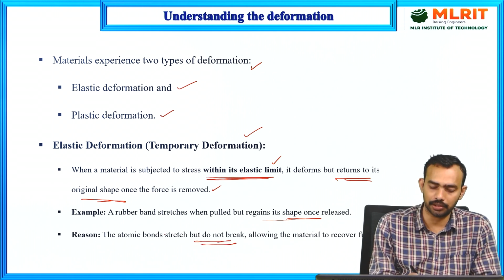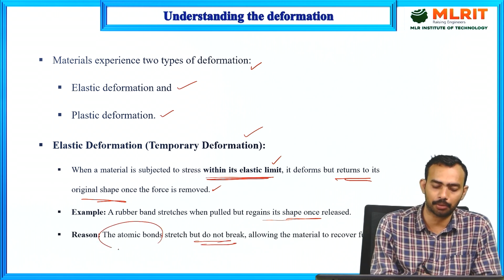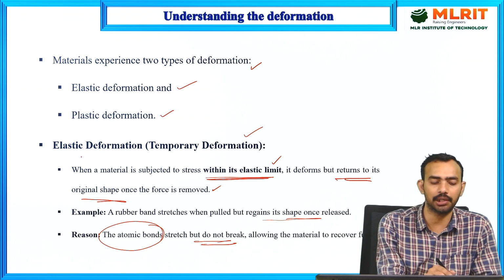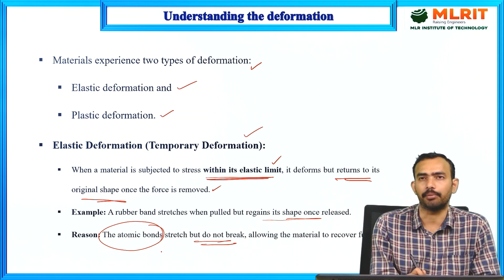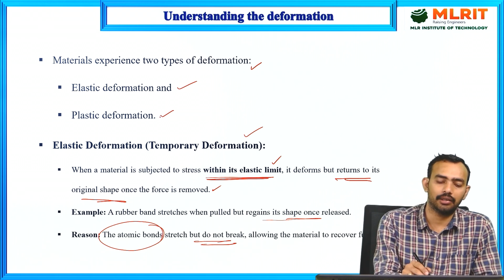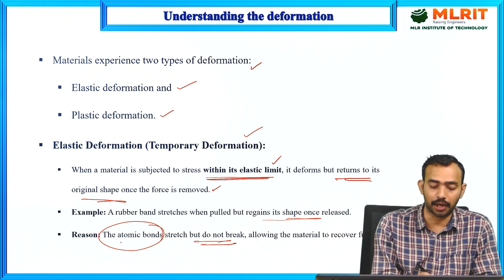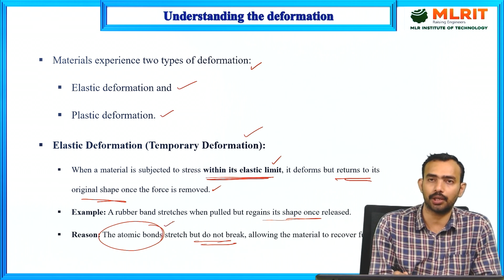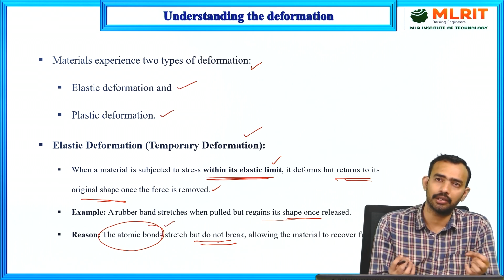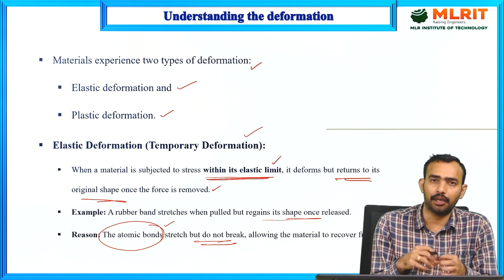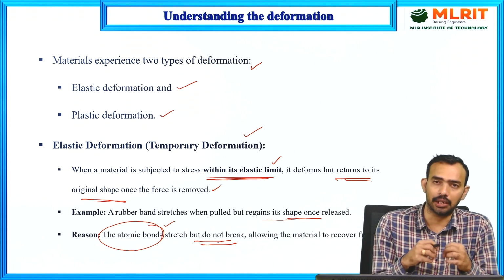If the atomic bonds between the atoms are broken, that cannot be considered an elastic deformation. That is another case, plastic deformation. It is considered a permanent deformation, where the atomic bonds are broken so that the atoms cannot combine and go back to their initial positions.